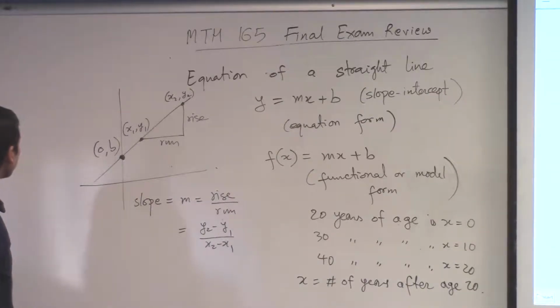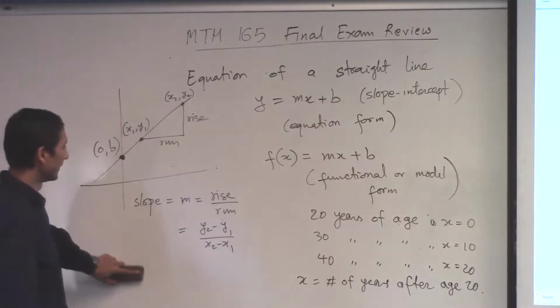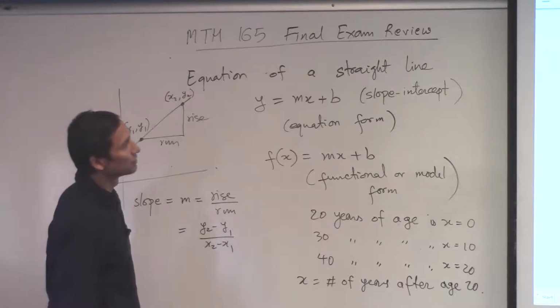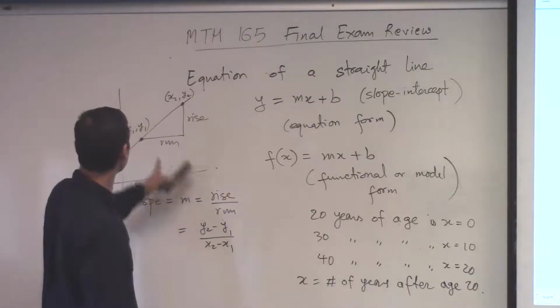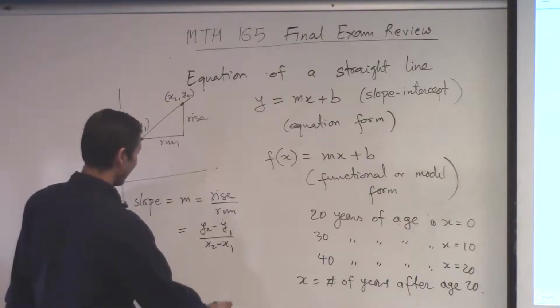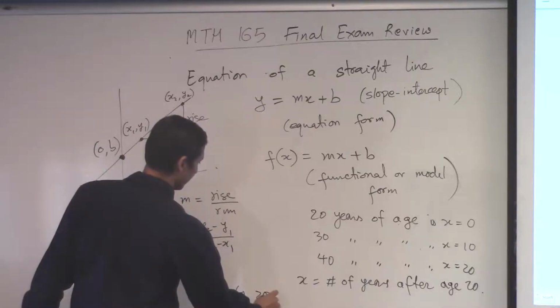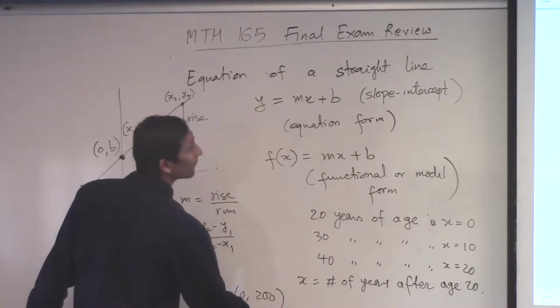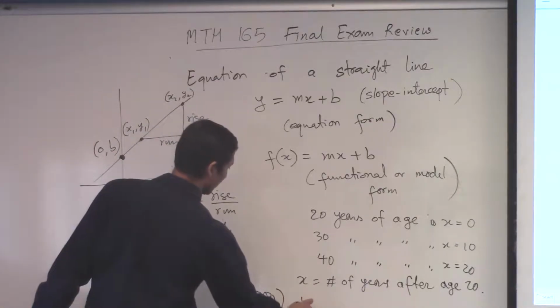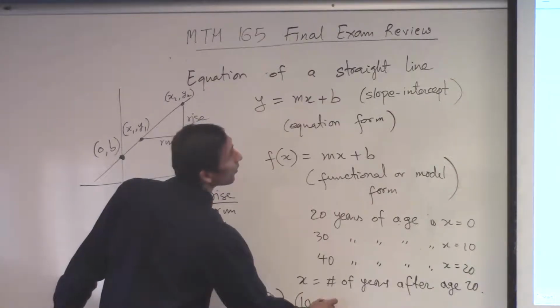If that is the case, we can now use 2 points on the line: (0, 200) and (10, 190).